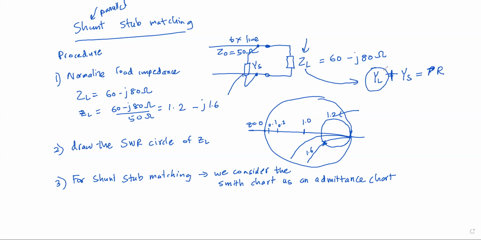Then from that only we do the rest of the calculations. We find the admittance of the stub also in admittance form. Because of the easiness of the calculations, we convert our load into admittance, and then we do all the rest of the calculations in admittance form, right?